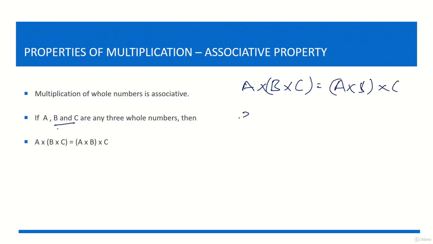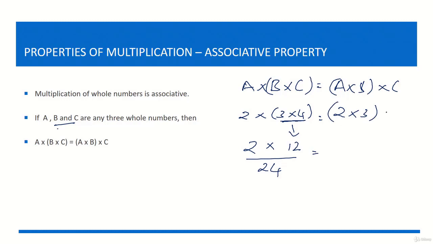For example, 2 into 3 into 4. 4 threes are 12, 12 twos are 24. Let us check out: a is 2, b is 3 and c is 4. 2 threes are 6, 6 into 4 is 24. This is the associative property of multiplication.